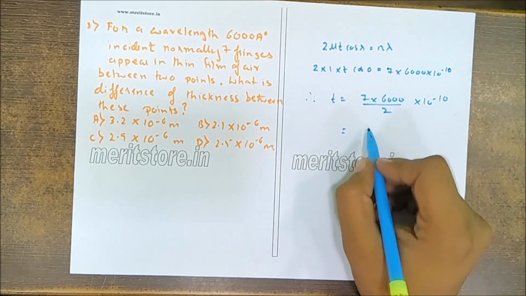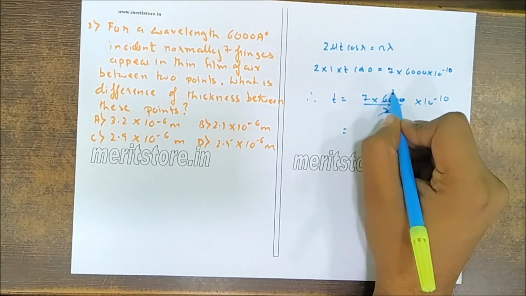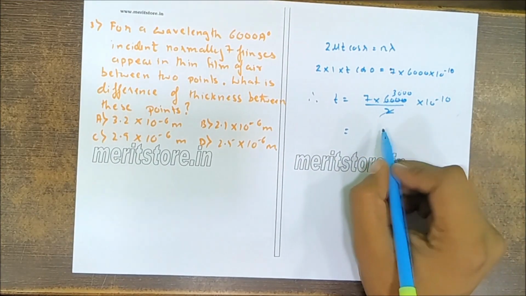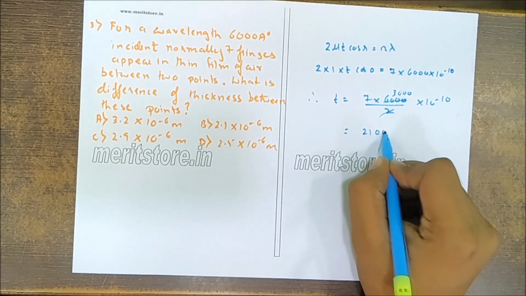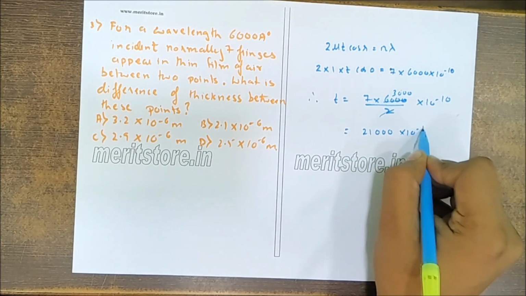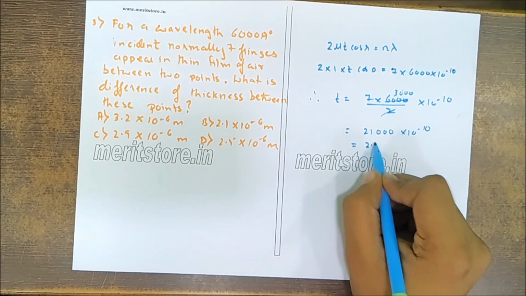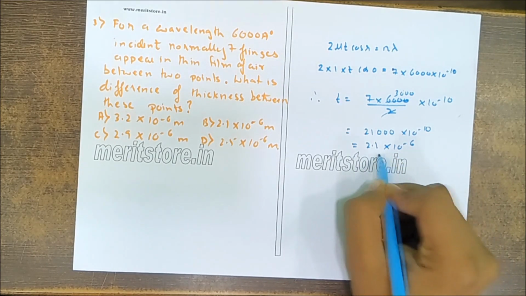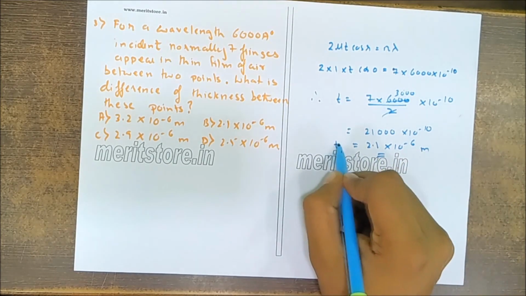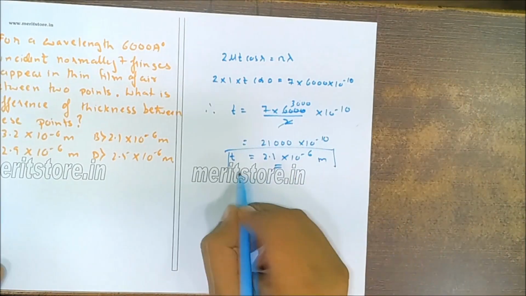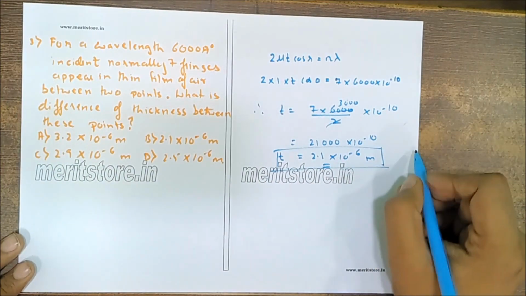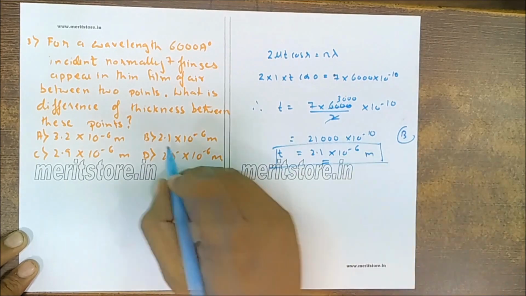So this gives me 3000 times 7. So this becomes 21,000 into 10 raised to minus 10. But this is 2.1 into 10 raised to minus 6 meters. So this is option B.